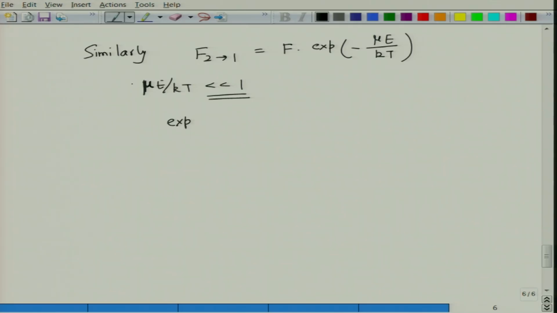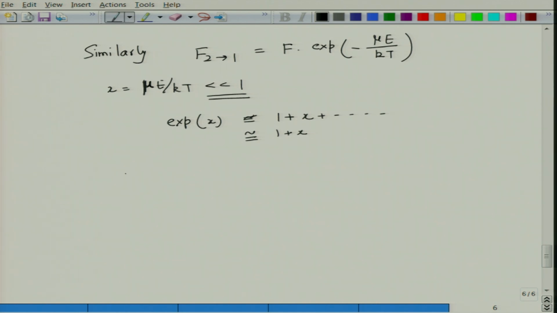So, we can approximate exponential of x, if this is x, then exponential of x is equal to 1 plus x plus dot dot dot, and we can approximate it as 1 plus x, okay, for smaller values.